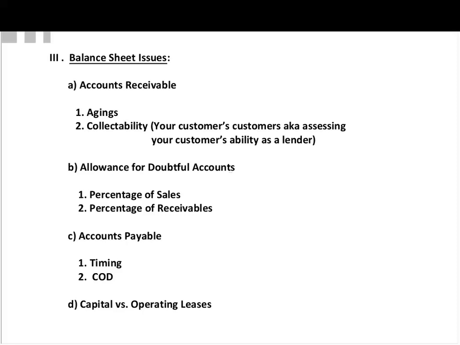Your customer's ability as a lender and as a collector, almost like you are to them. Why? Because those receivables are essentially their loans to their customers. If you think of it in that perspective, it takes on a whole new idea of looking at the AR aging report and the individual receivables. Let's go to part B.